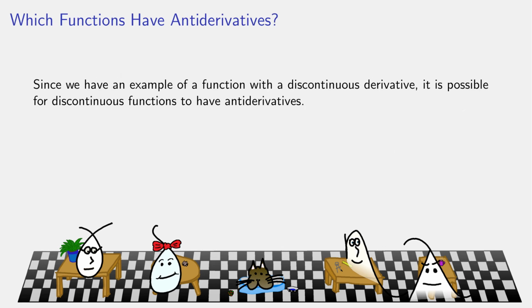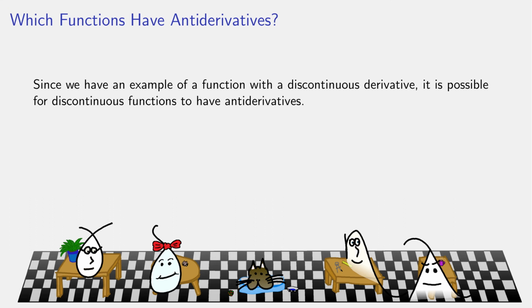So we've proven Darboux's theorem, we satisfy the intermediate value property. If the derivative takes two values, then somewhere in between it takes every value in between. But we do have an example of a function that has a derivative that isn't continuous, so it's definitely possible for a discontinuous function to have an antiderivative. It's also possible for a discontinuous function to satisfy the intermediate value property.